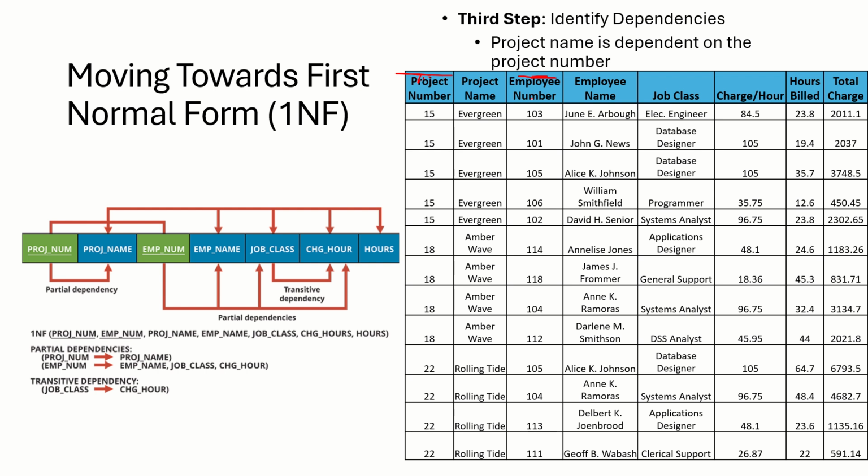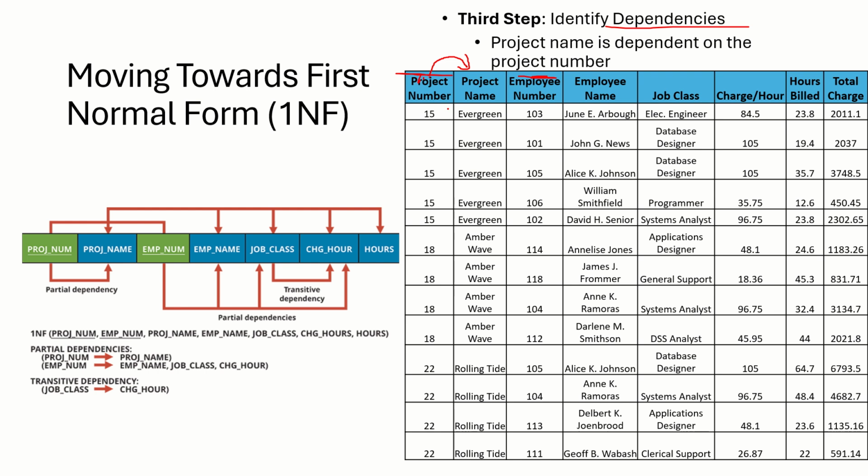Now we need to try to identify the dependency. As we said, there are two types of dependency. One is the partial dependency. It comes from the primary key. So let's see: if you know the project number, can you tell the project's name?